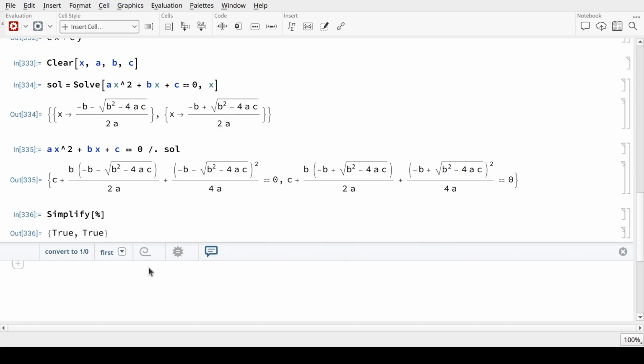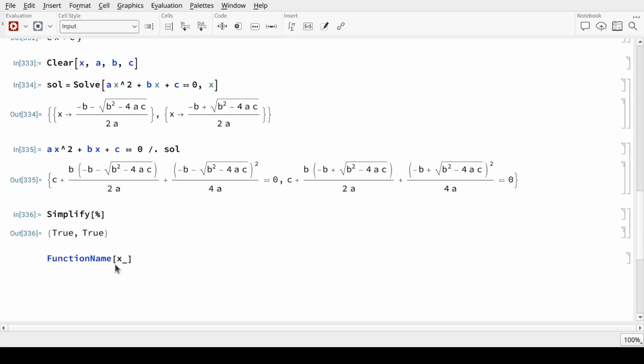Now we need to talk about the functions, and the way we define functions is that first we write the name of the function. The function name can be anything. Let's just say it's f. Then we write an argument which needs to have this underscore afterwards. That's only during definition.